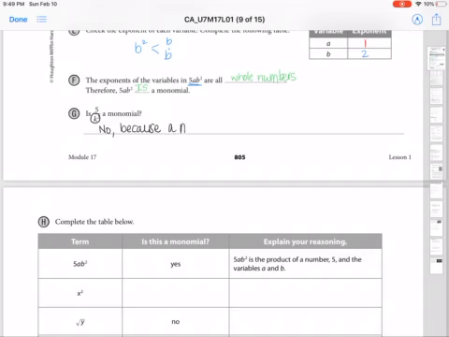So because a monomial cannot have a variable in the denominator.